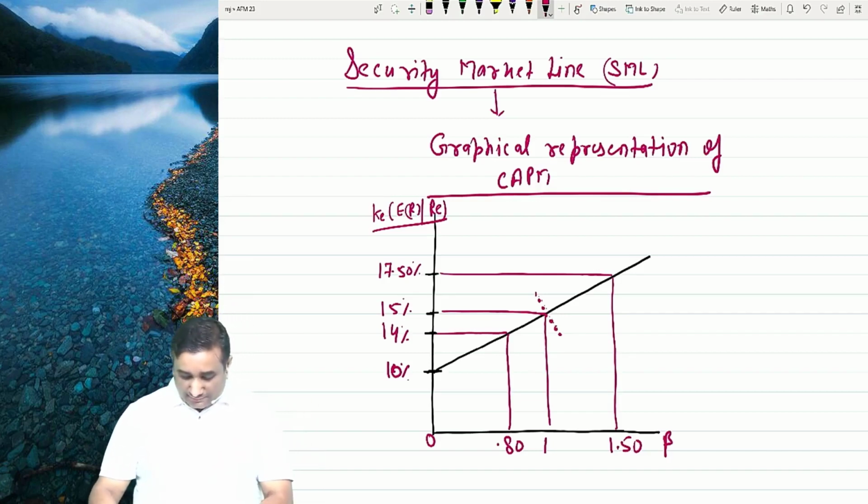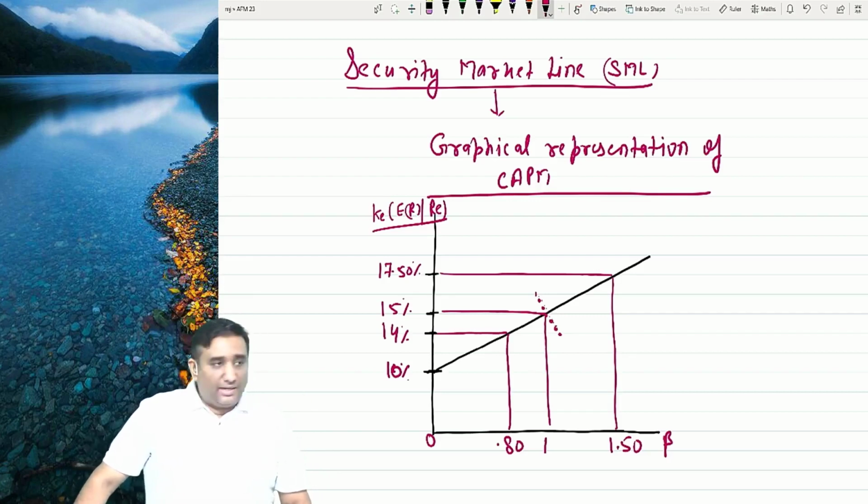You can draw that now, please. Graphical representation of CAPM. I have yet to discuss the market with you. I have not discussed the market. What exactly market means will come soon.